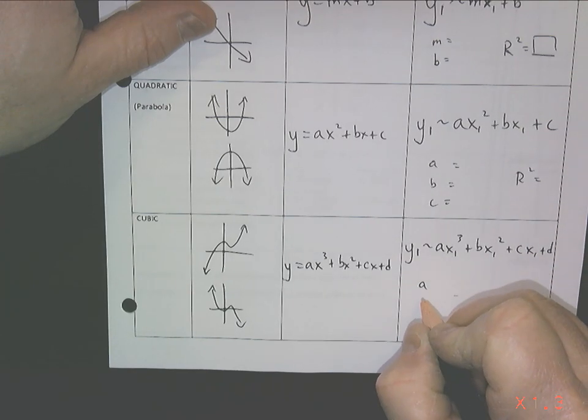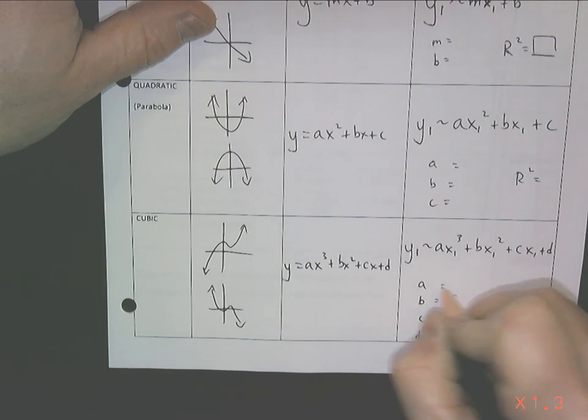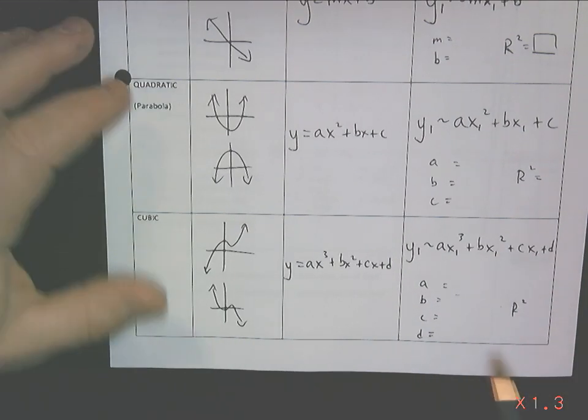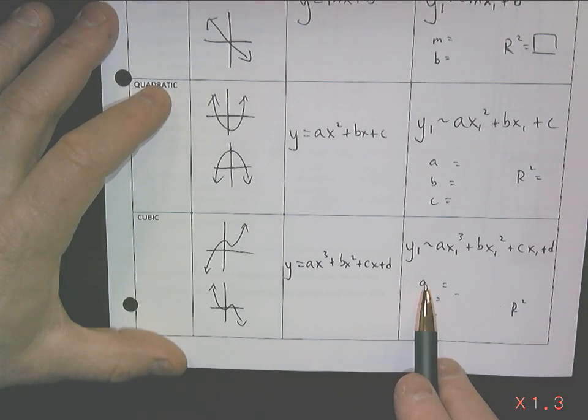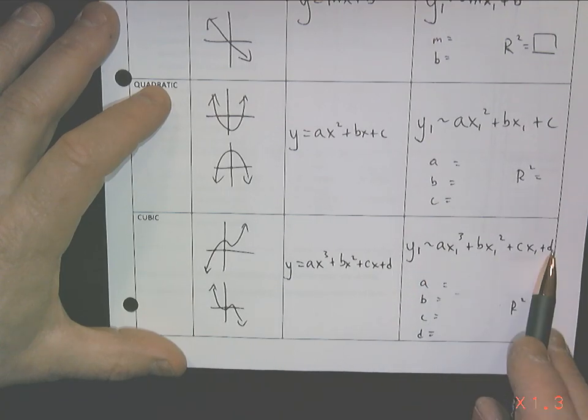And you'll be given an a, b, c, and a d value, and an r squared. And basically, those constant values will go in place for those coefficients or constants.